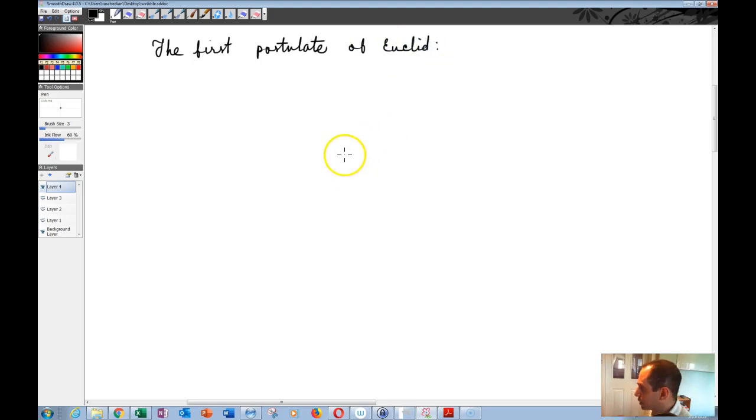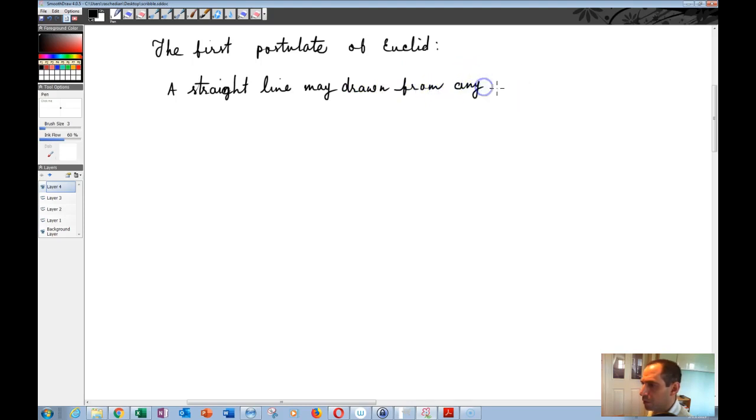What that says is that a straight line may be drawn from any point to any other point.